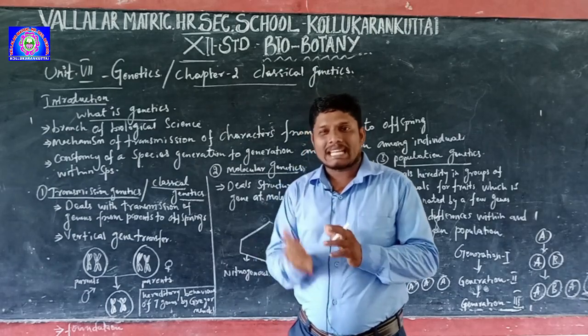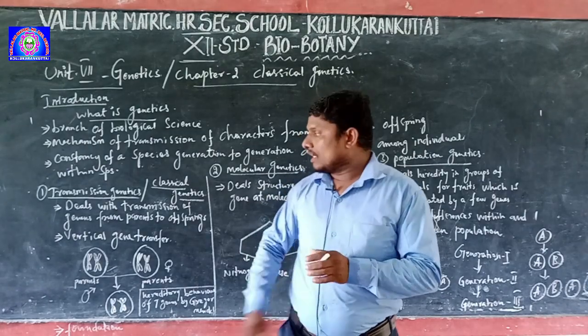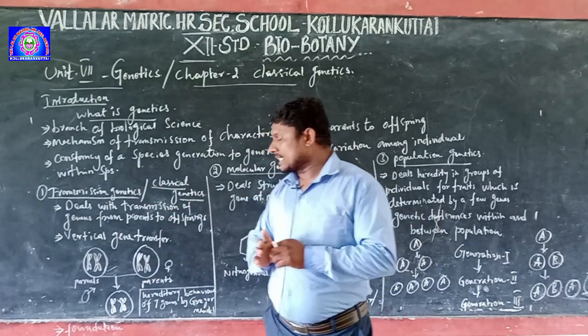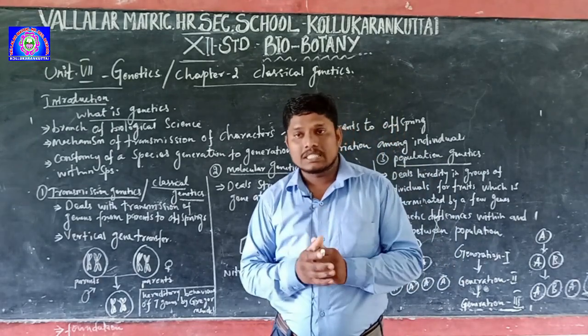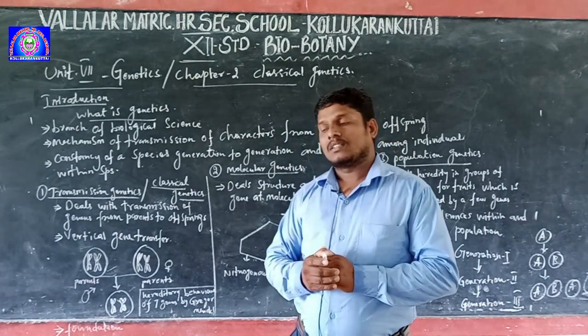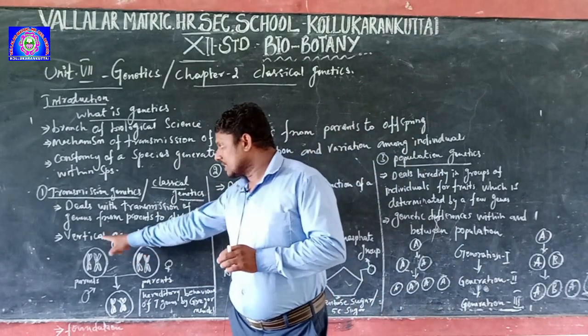Which type of characters are synthesized by genes transferred from parents to offspring is dealt with by transmission genetics. And which type of transfer occurs in transmission genetics? The genes transfer by vertical gene transfer.